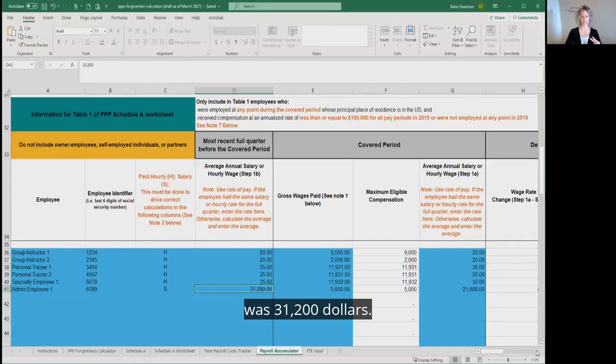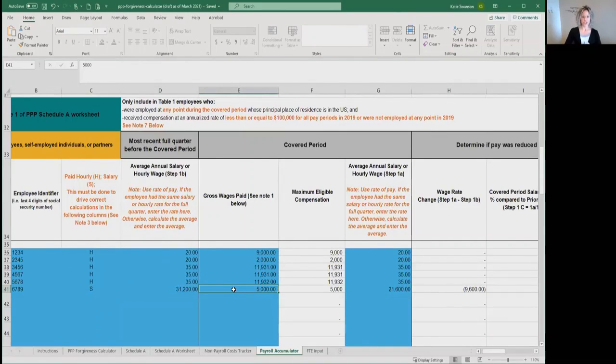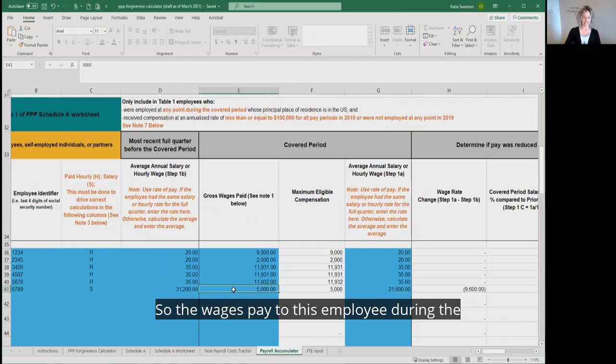Then the other thing you needed to have was your payroll reports by employee during your covered period. So the wages paid to this employee during the covered period, which in this example, I have chosen a 12-week covered period. So during those 12 weeks of my covered period, this employee got paid $5,000, which equates to an average annual salary of $21,600.